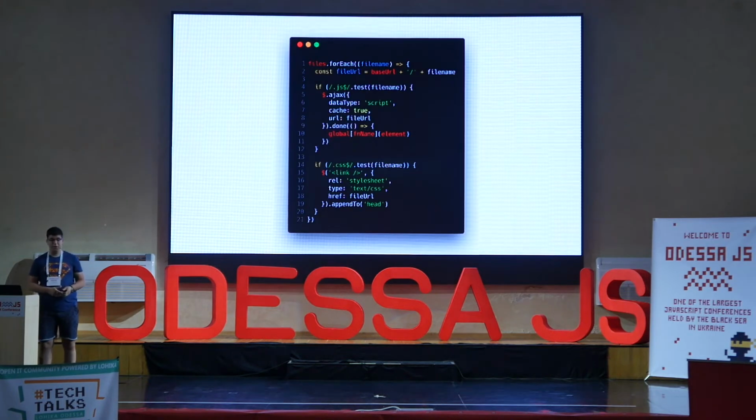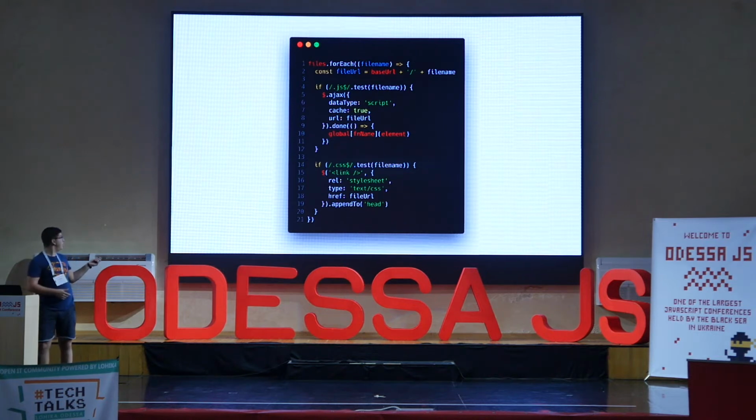And inside the function, this is the most important part. We're just going through the files here, and if a file is a JS, we're using some jQuery Ajax to inject the JavaScript inside the app. If it's CSS, we are just appending a link with the URL of the CSS file. And that's it.